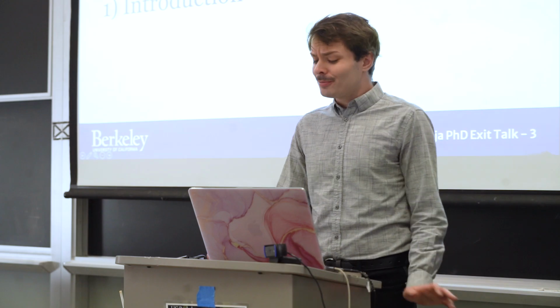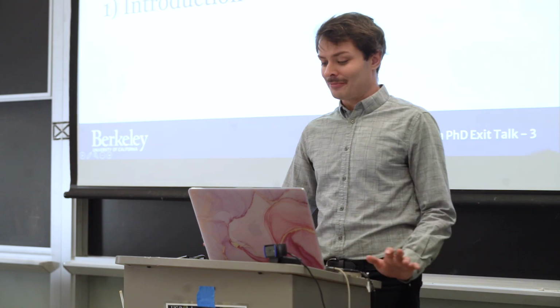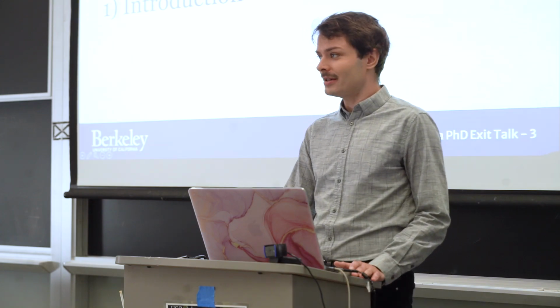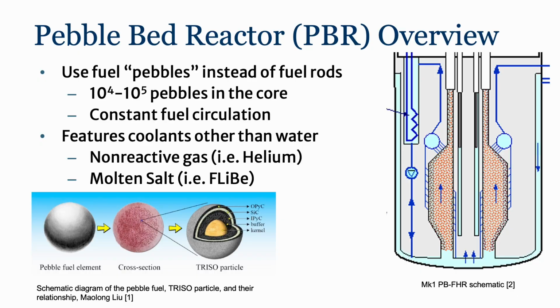So many of you probably aren't reactor people, so I'm going to give you a quick rundown on what makes PBRs different. As their name implies, pebble bed reactors have hundreds of thousands of fuel pebbles that are actively circulating through the reactor core. This is great because it enables online refueling, which is a huge selling point because with static reactors you have to shut them down, it's expensive, it costs millions of dollars.